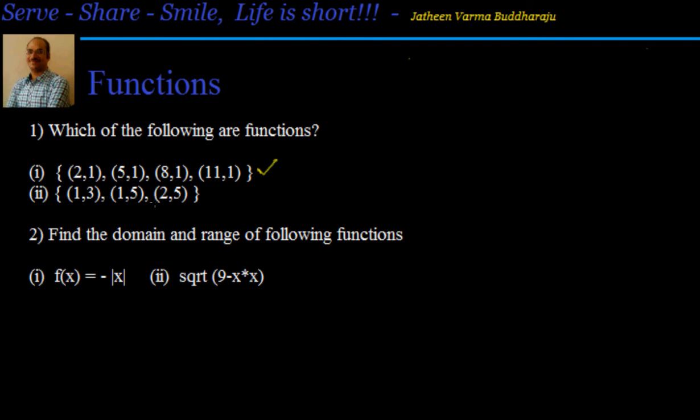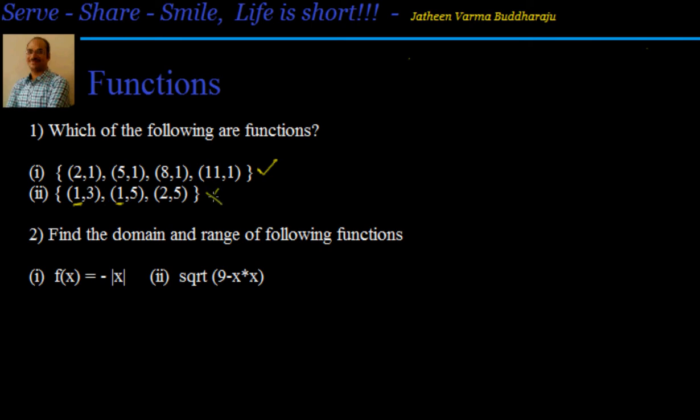I have 1 3, 1 5, 2 5. So you can see that the element 1 from the domain is mapped to two elements in the second set.